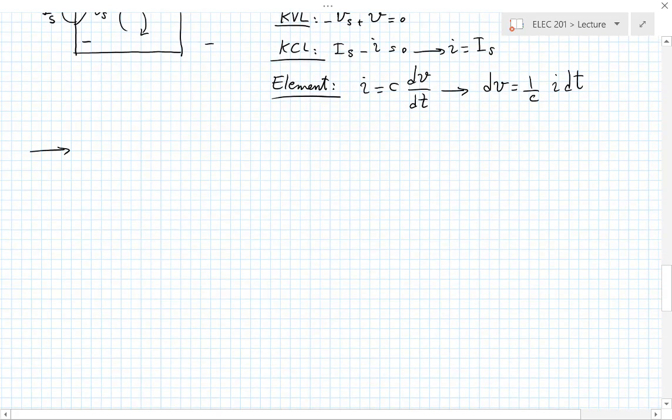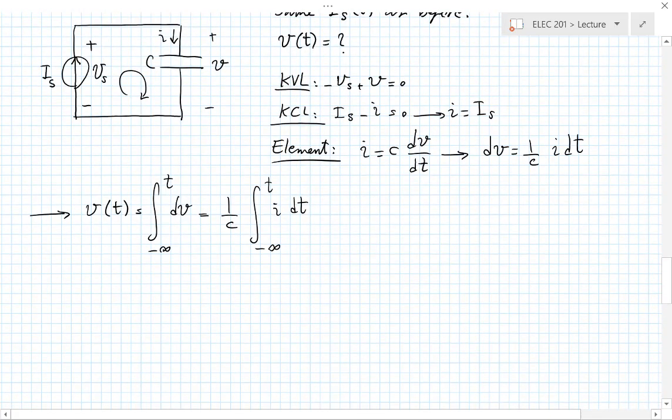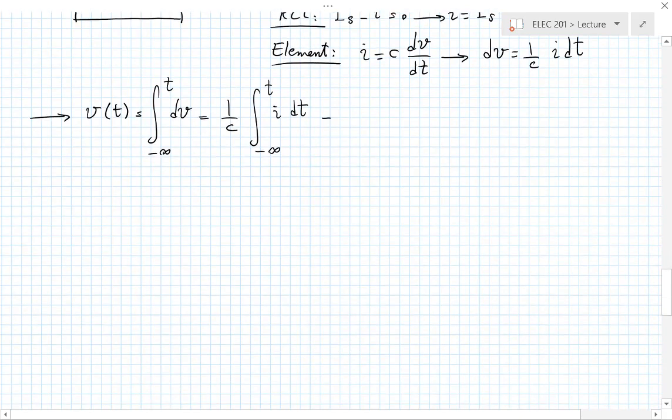So V of t is the integral from the beginning of everything to that point t of dV, which is simply 1 over C, the integral of I dt, but remember that I is the same as Is, so I'll just replace that.